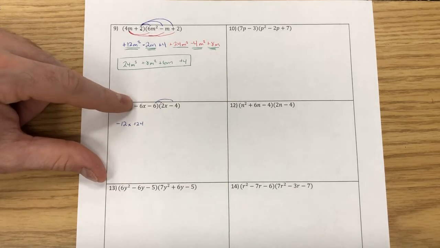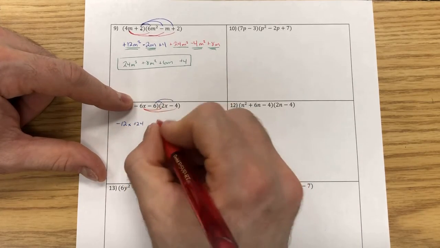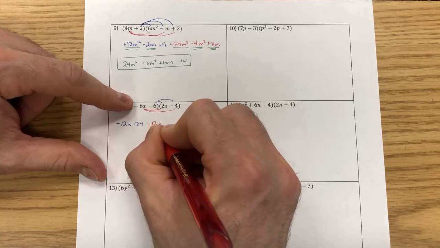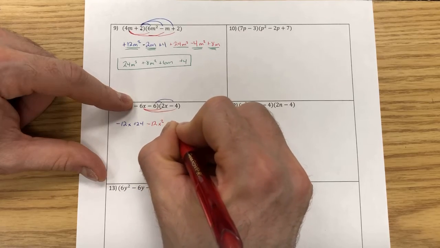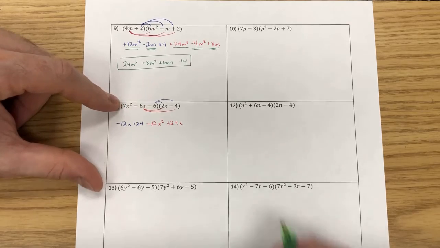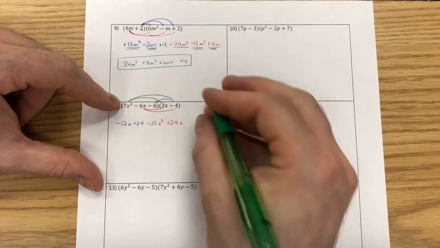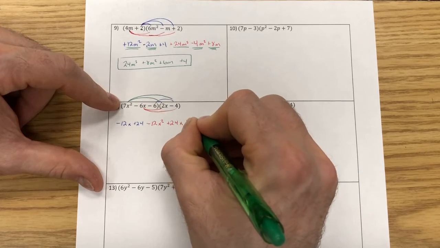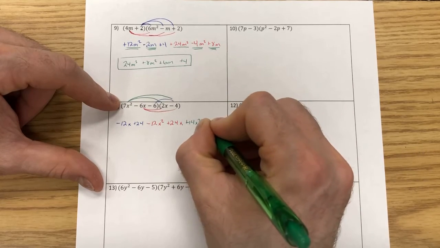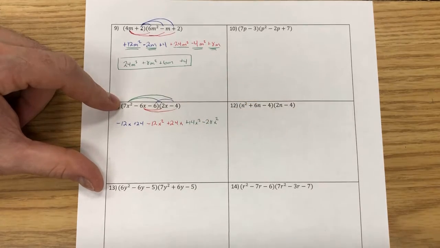I'm going to distribute my negative 6x, negative 12x squared plus 24x. And then last, I'm going to distribute my 7x squared. I get a 14x cubed, and I get a minus 28x squared.